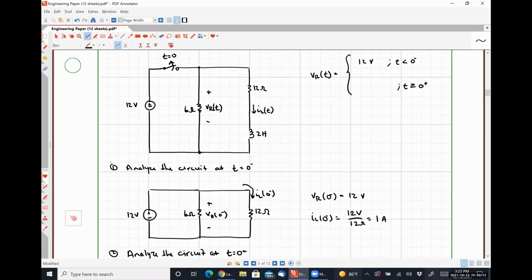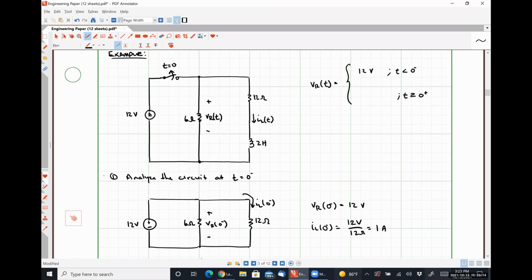Now, at t greater than 0 plus, what's happening? All of this inductor current here that is well defined is going to wind up flowing into the negative polarity terminal of that resistor. So we're going to have 1 e to the negative 9t flowing into the negative polarity terminal, right?